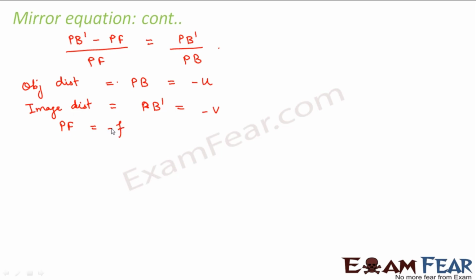That is also negative because it also falls on the left hand side of the pole. Now putting these values in this equation, we get (minus v plus f) divided by minus f is equal to minus v by minus u. So this becomes (v minus f) divided by f is equal to v by u.